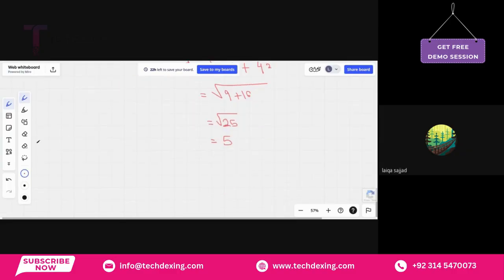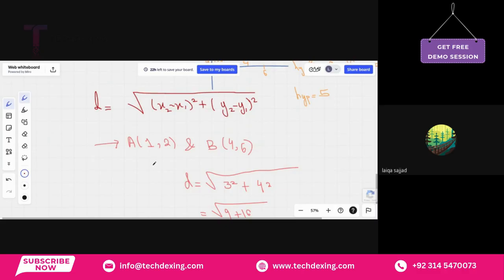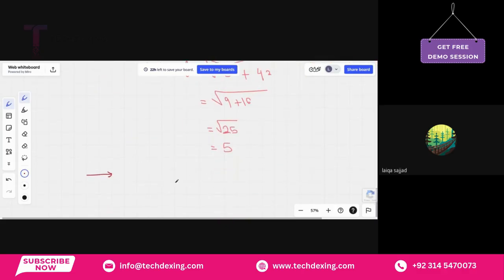Okay, then you should know how we find the midpoint of a line joining 2 points. For example, we are given 2 points, we simply plot them and draw a line between them to connect them. When we join them with a line, we want to find the midpoint of that line.